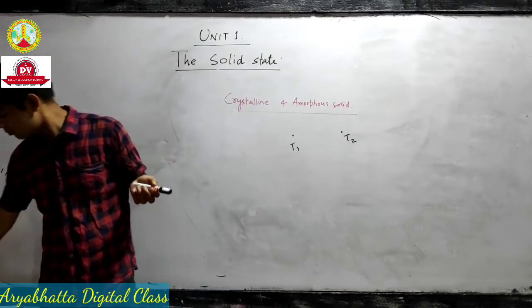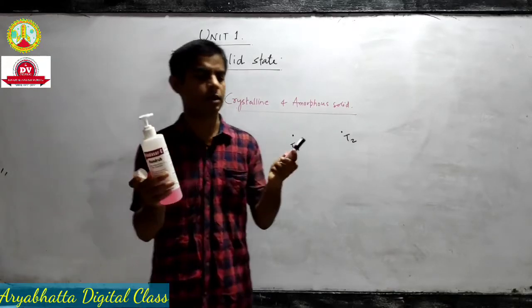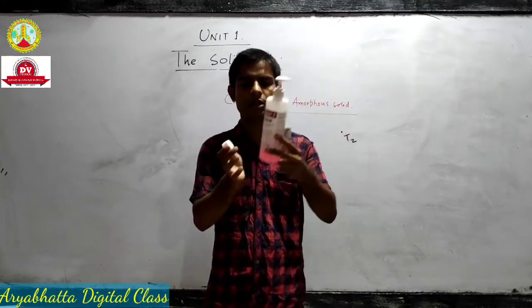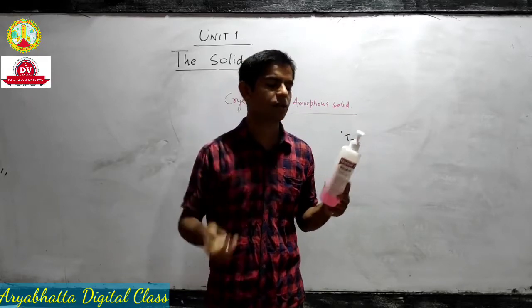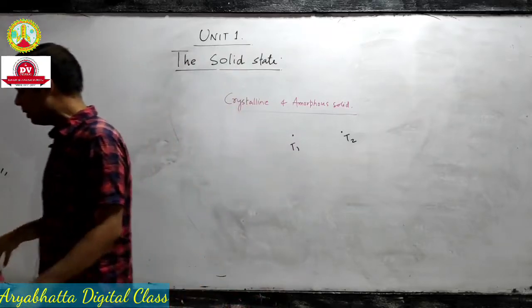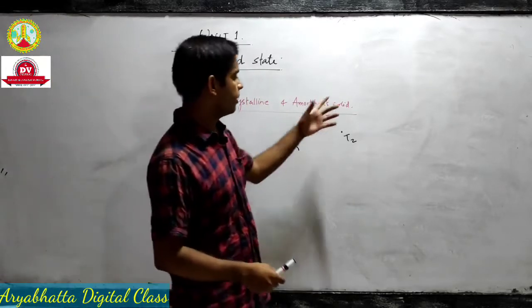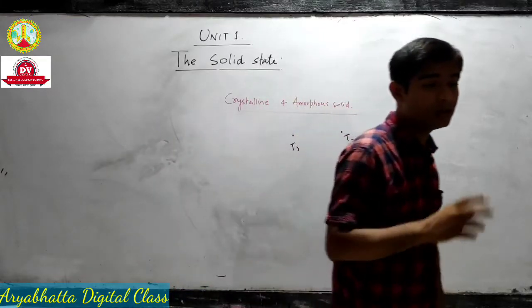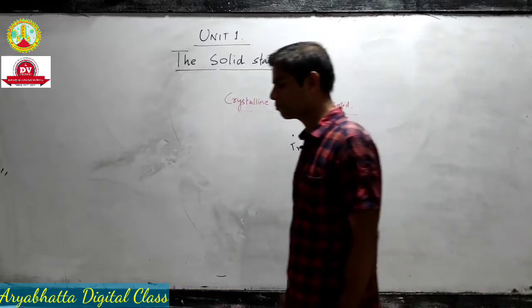You see how many different structures we can have with plastic: this bottle has a different structure, this cap has a very different structure. This is possible in amorphous solids because they have a range of melting point.